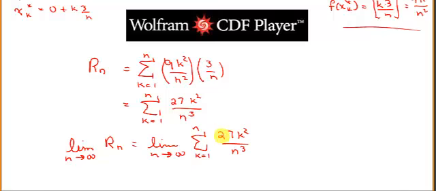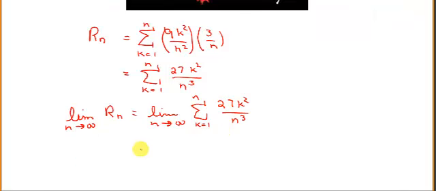All right, now the 27 is a constant multiplier, so I can take the 27 out. I'll have the limit as n goes to infinity of 27 times, now there's one more thing, the n is constant. It does not change from term to term. The only thing that changes from term to term in this case is k. So I could take the n cubed out, but it's in the denominator, so I have 1 over n cubed times the sum as k goes from 1 to n of k squared.